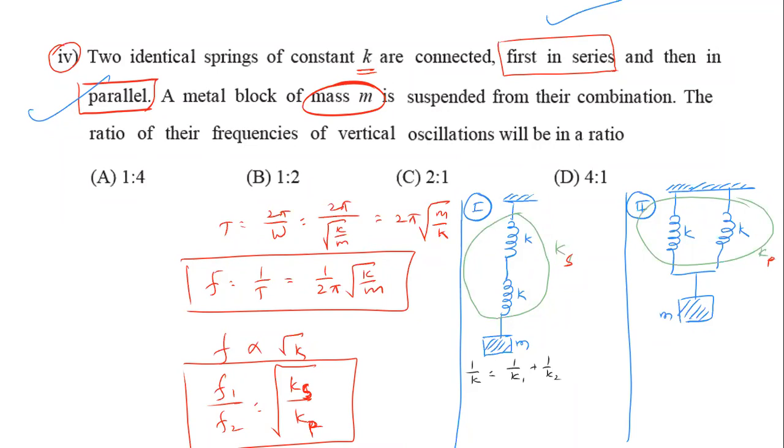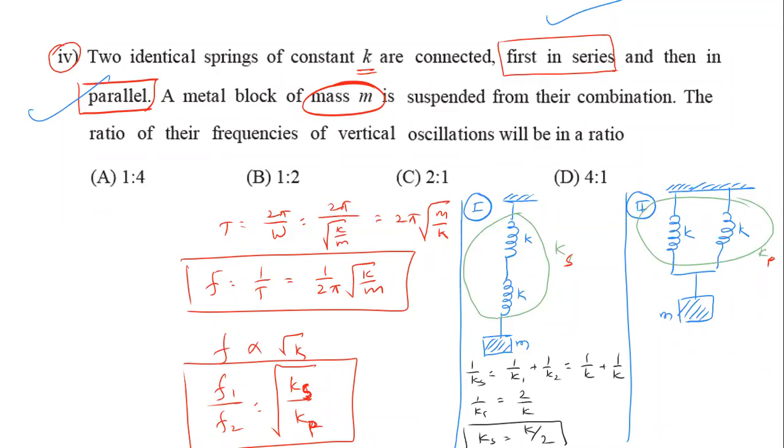Now I will solve this one. Both the force constants are K. So 1 by K plus 1 by K, we get 2 by K. It is 1 by Ks. So Ks is equal to K by 2. So this is the force constant for the first combination.